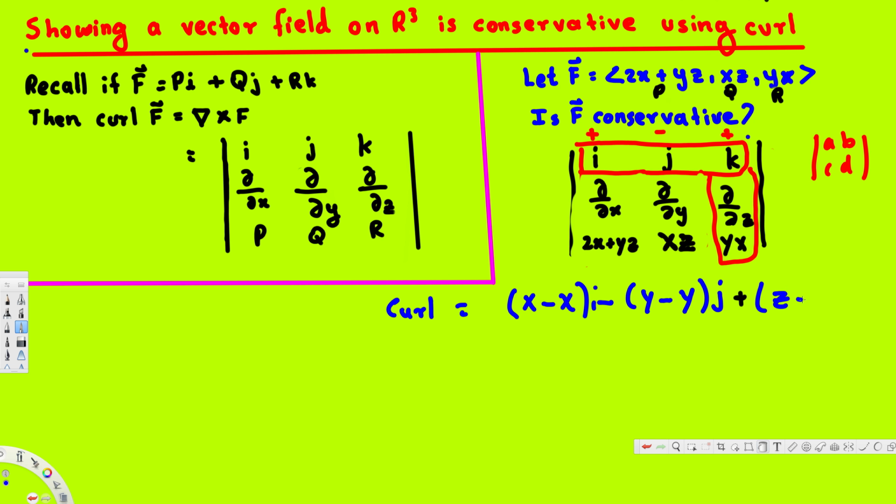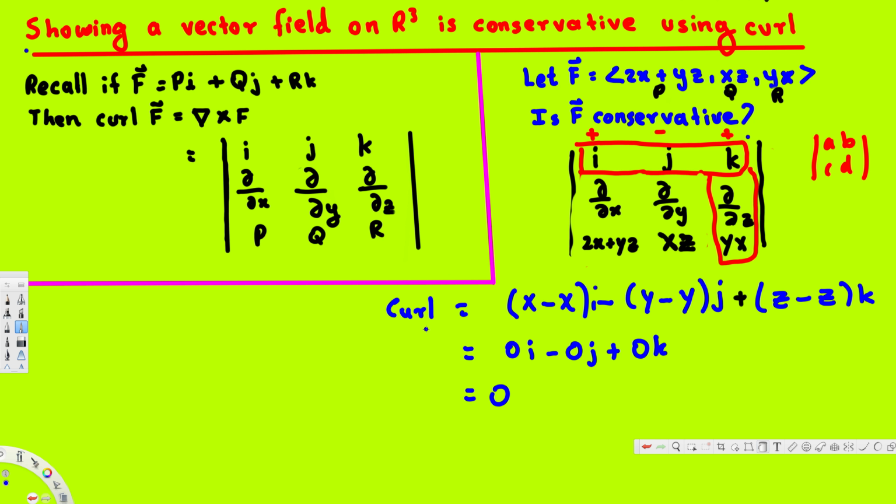Then the partial derivative of 2x plus yz with respect to y: the 2x becomes 0 because it's a constant, and y becomes 1, so we have z alone, and this is our k component. From here we can see this is 0i minus 0j plus 0k. We have 0, 0, 0, so the curl is equal to 0.